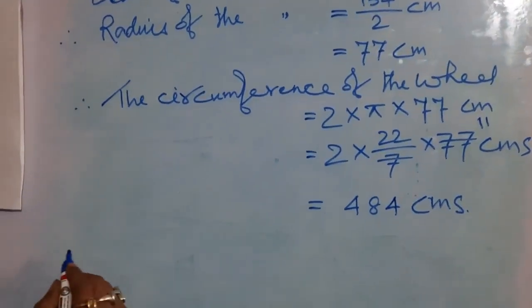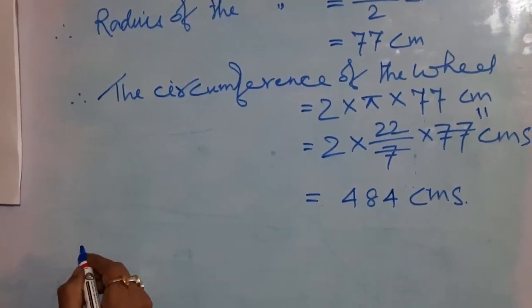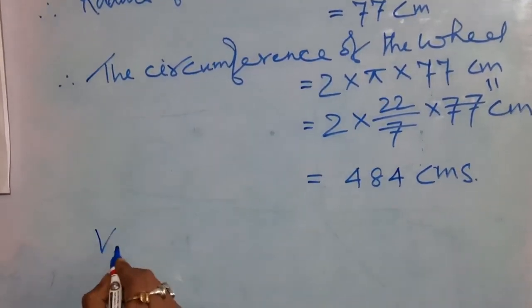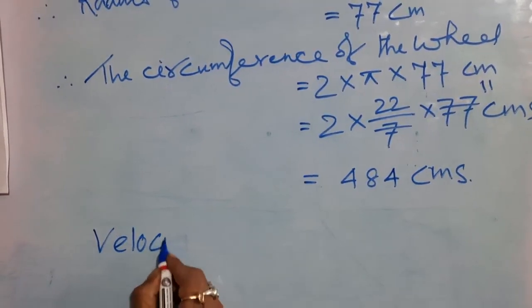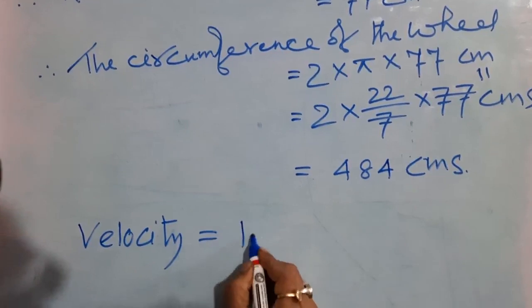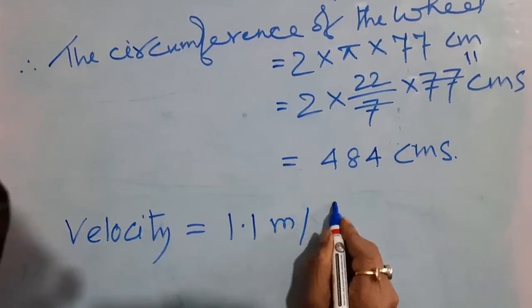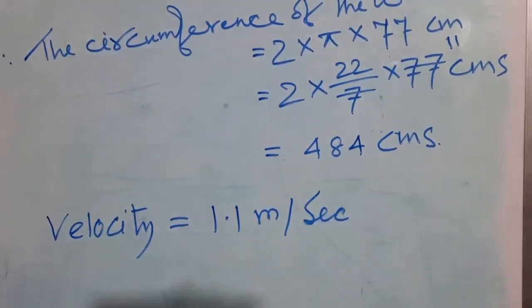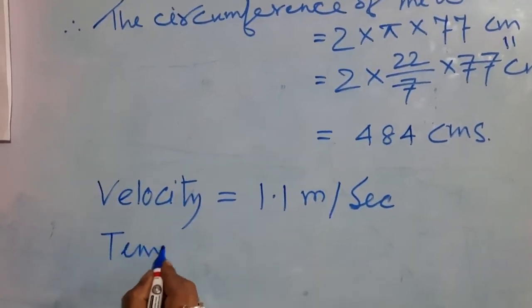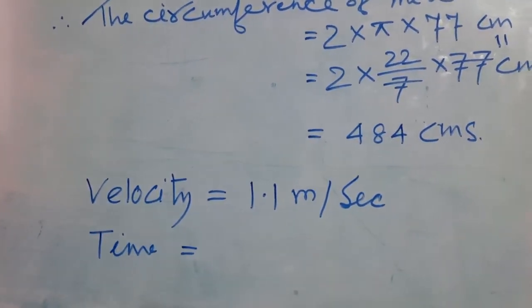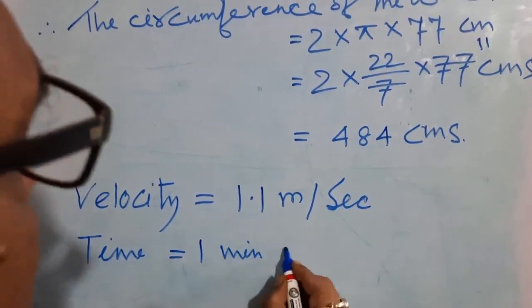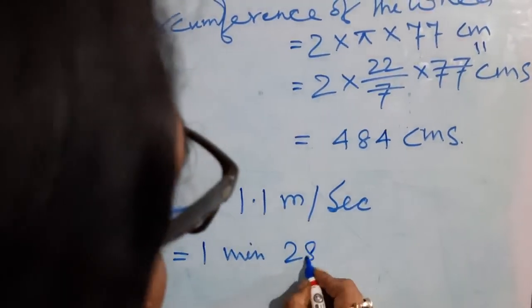So now, velocity of the bucket. The ascending velocity of the bucket is equal to 1.1 meters per second, and ascending time is equal to 1 minute 28 seconds.